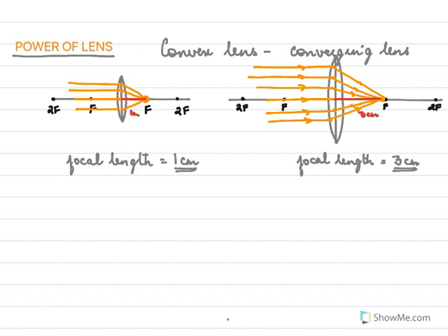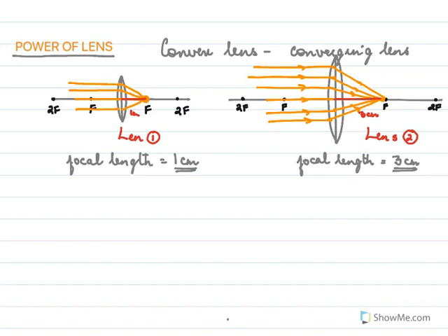So if I asked you the question, which converges the rays faster, you would say definitely lens 1. Lens 1 converges the rays within 1 centimeter, but lens 2 converges the rays after 3 centimeters.